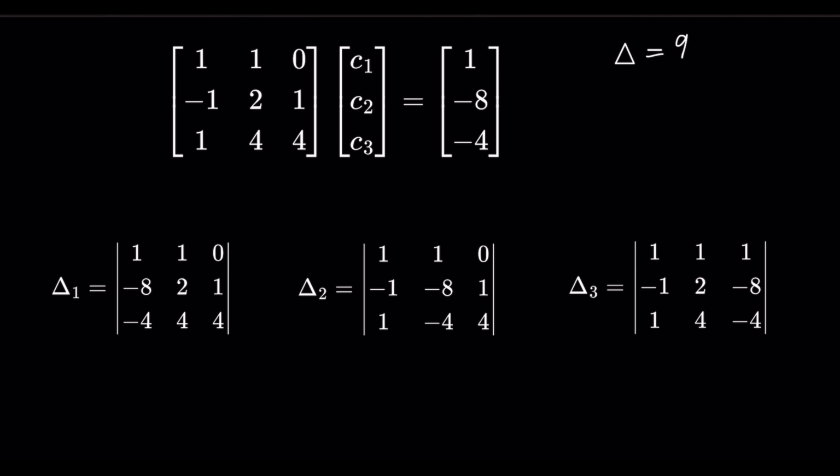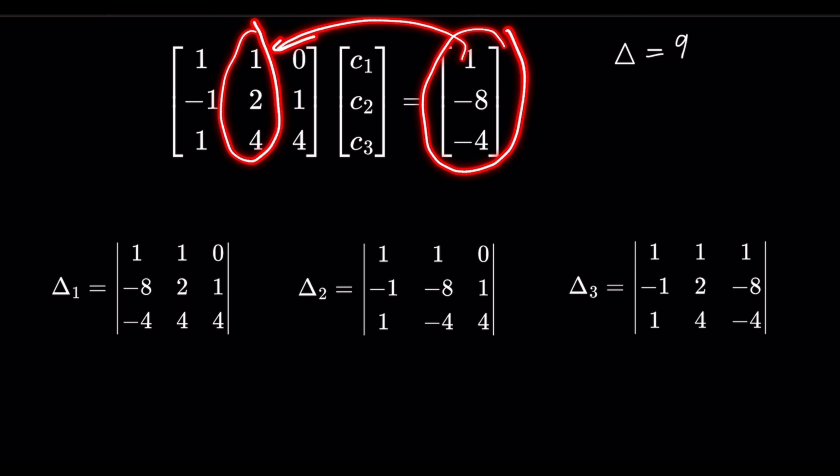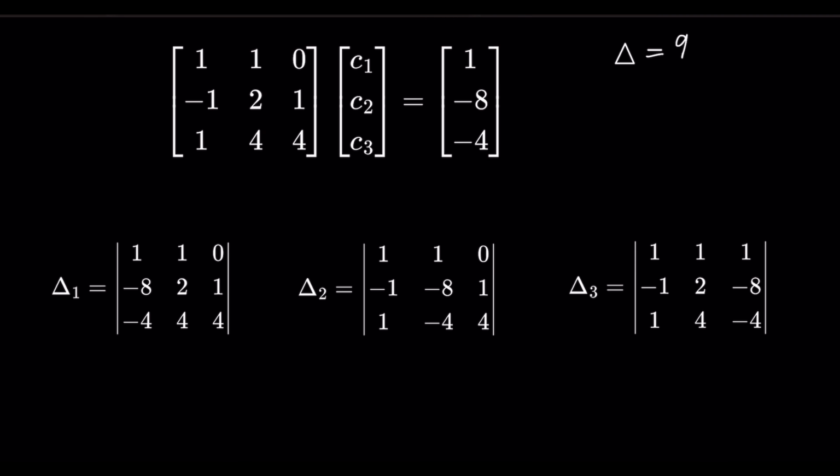Similarly, to find the delta 2, for finding the constant value C2, we replace the second column of the coefficient matrix with the constant column, like this. And to find the value of delta 3, we replace the third column of the coefficient matrix with the constant column here.